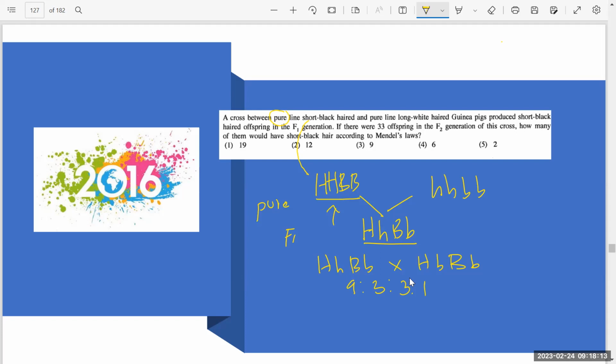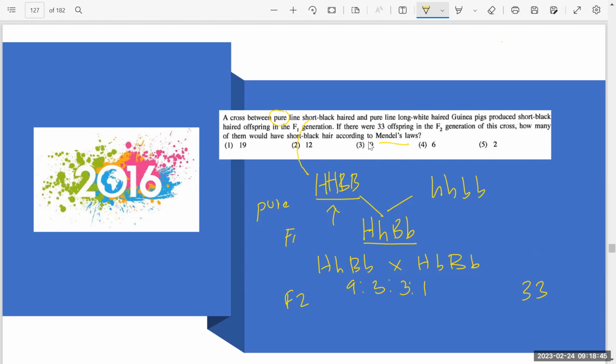Then the question is asking how many of them would have short black hair according to Mendel's laws. Anyway, they say here Mendel's laws at the end. So short black-haired: if there were 33 offspring in the F2 generation, how many have short black hair?